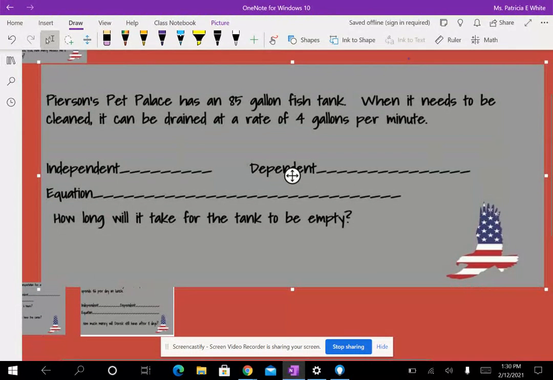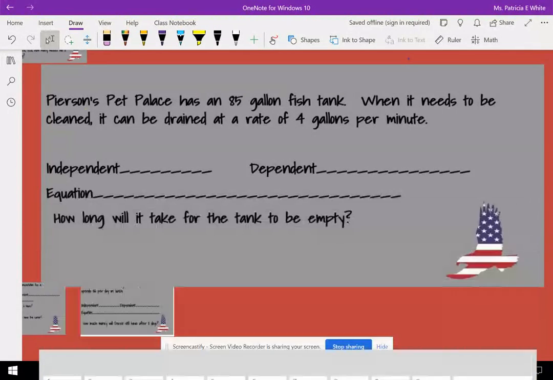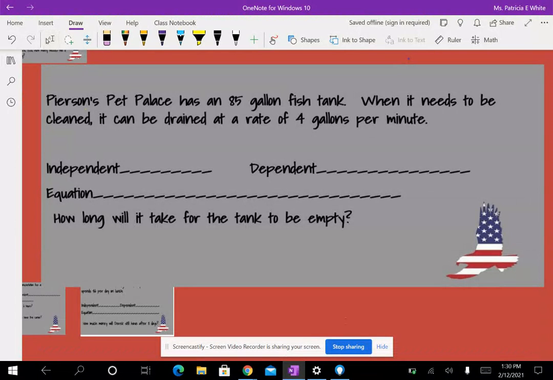Okay. Pearson's Palace has an 85-gallon fish tank. When it needs to be cleaned, it can be drained at a rate of 4 gallons per minute. Well, guys, this is just like Derek's food budget. It was decreasing, right? Well, when I drain that tank, that's going to be decreasing also.